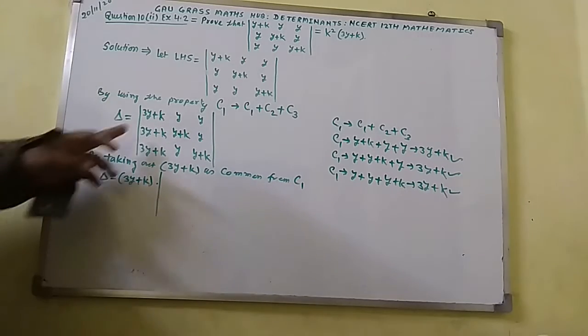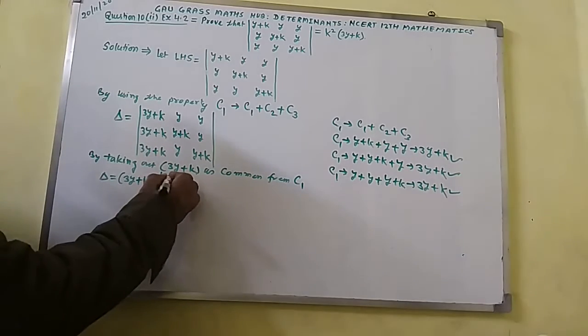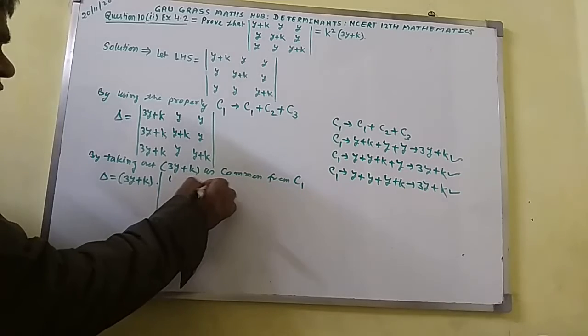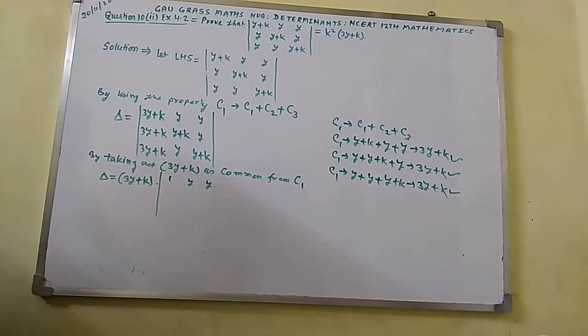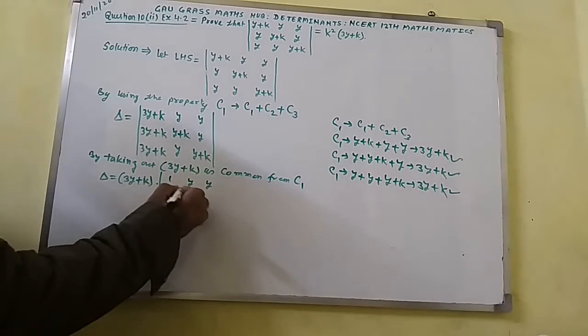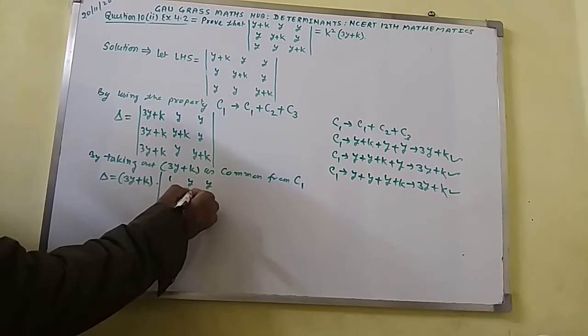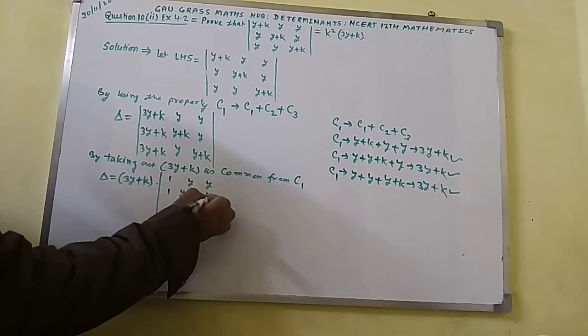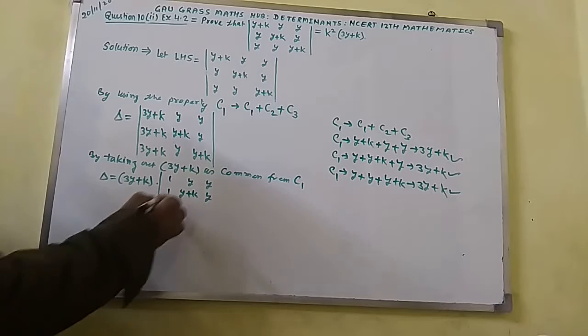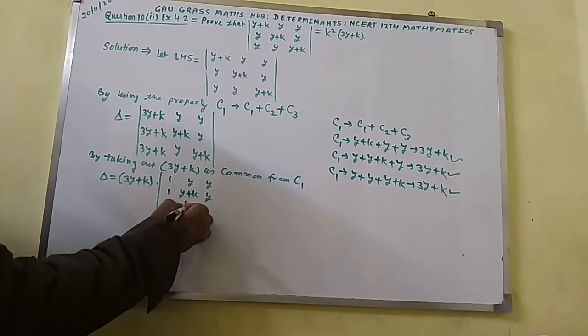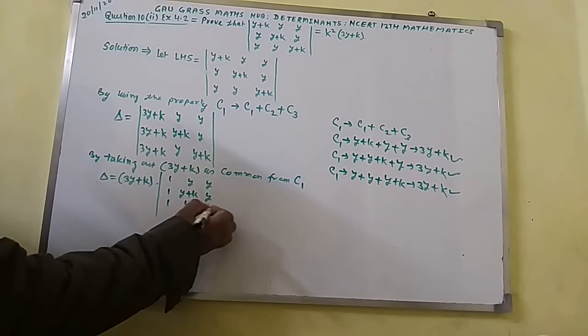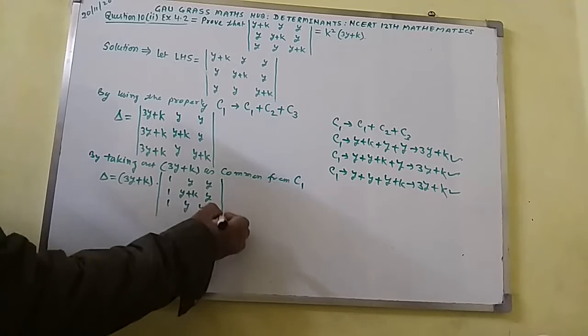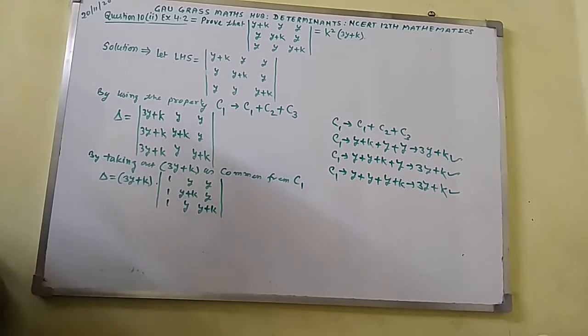Here write elements of first row will be 1, y, y. The elements of second row will be 1, y plus k, y. The elements of third row will be 1, y, y plus k. This thing it will come.